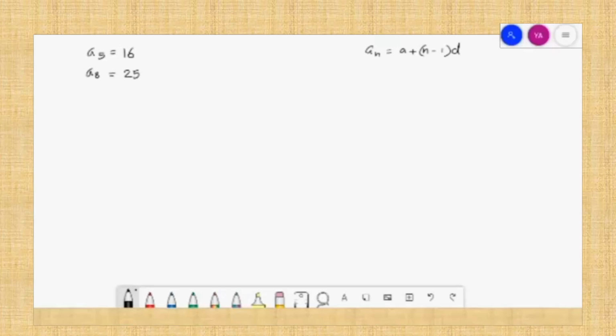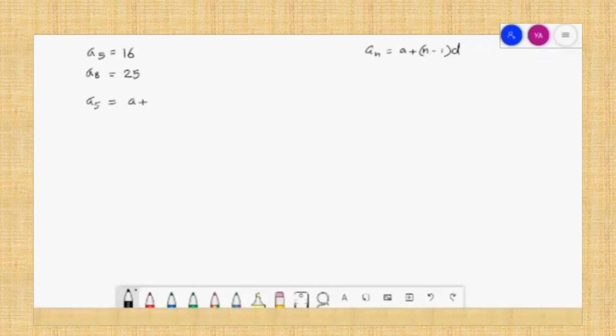So here, a5 is 16. If we take a_n as a5, we can write a5 = a + (n - 1)d. Here n means the position number, which is 5.